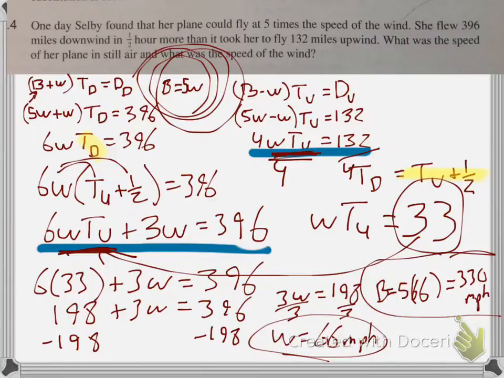So we want this and that. We answered it. The plane is going 330 miles an hour, and the wind, not water in this case, is 66 miles per hour.